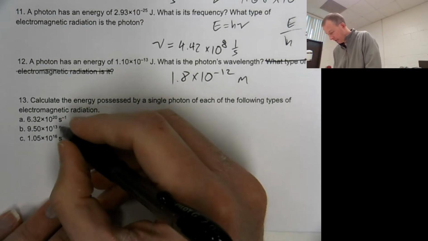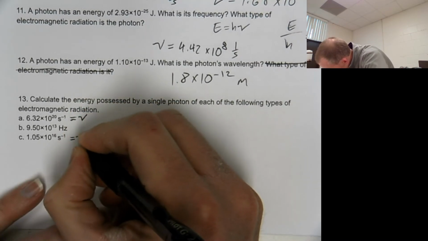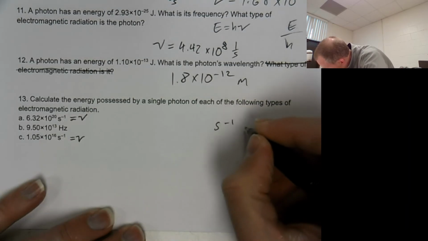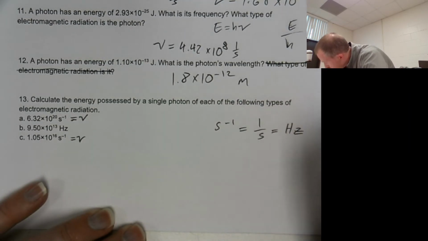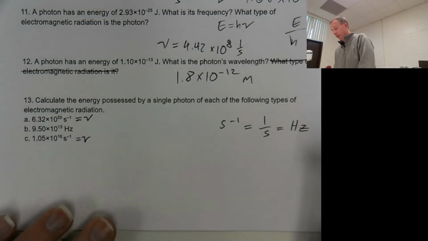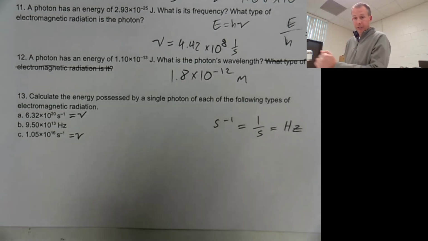Just when you see S to the negative first, understand this is a frequency. S to the negative first equals 1 over S, which equals hertz, which equals frequency. It confuses kids. So just know, though, that it's just the same. It's all frequency. All right? Don't think it's anything other than that.